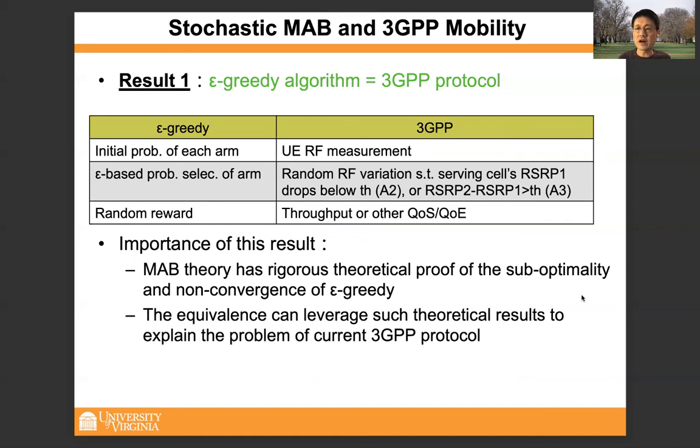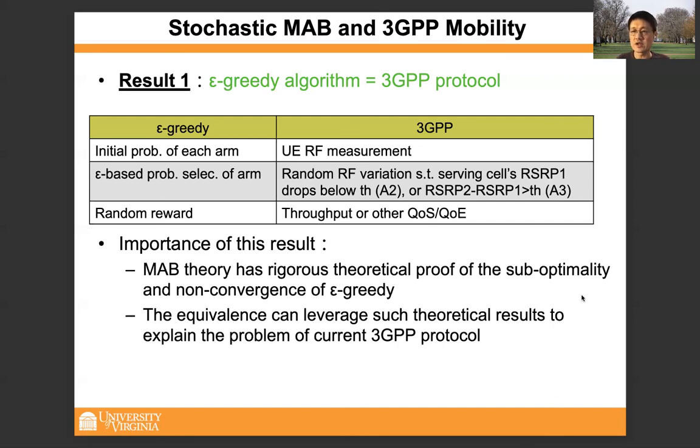Then the probability of selecting a particular arm in the epsilon-greedy algorithm corresponds to this: once you are staying on the best base station you think you have, you would just occasionally move away from that base station, or that arm, to explore the other arms with a probability epsilon.